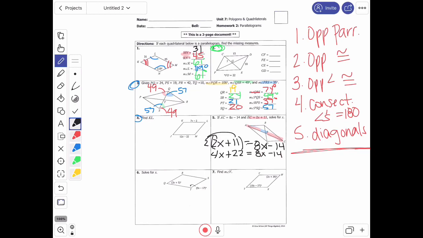Combine like terms, and you should get 4x equals 36. Then if you divide by 4, x equals 9.